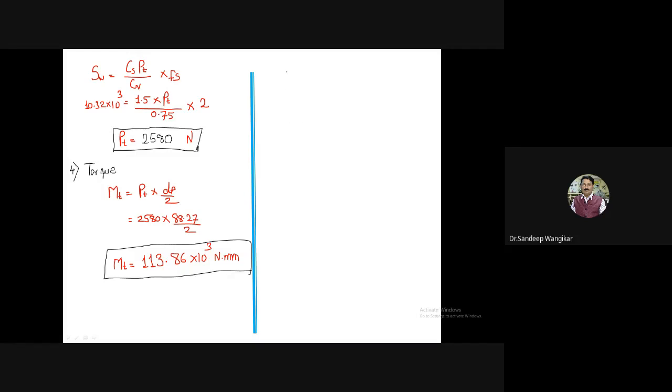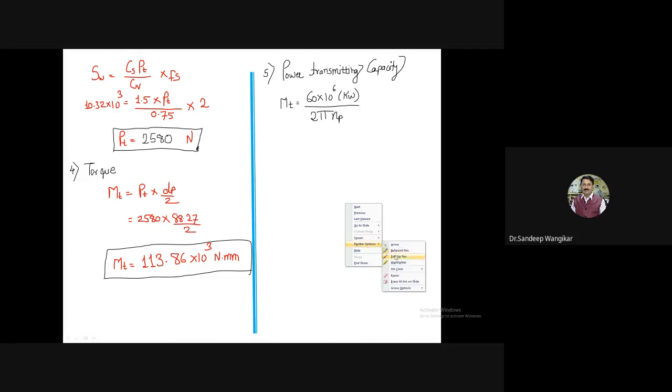Now proceed to our last step, step number 5, the power transmitting capacity. I will write MT is equal to 60 into 10 raised to 6 kilowatt divided by 2 pi NP.